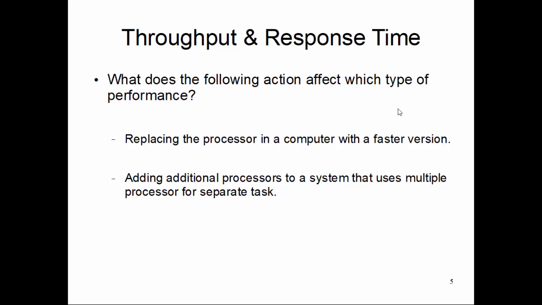But if we think about both scenarios in a little deeper detail, let's see what will happen. First scenario, you are replacing the processor with a faster processor. Definitely it will decrease your runtime for a given program, right? That means response time will improve.